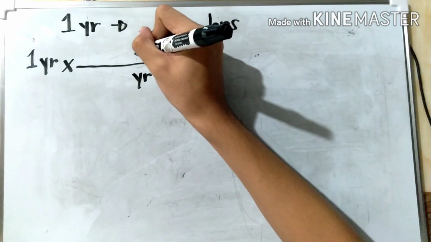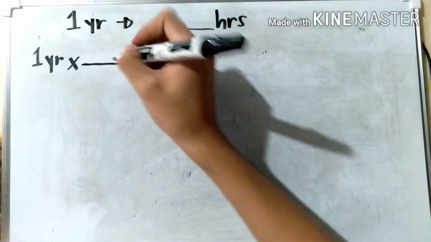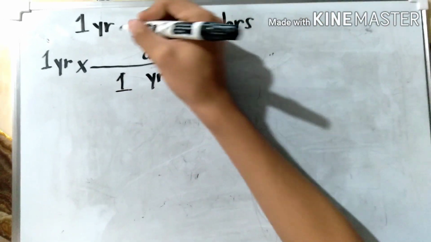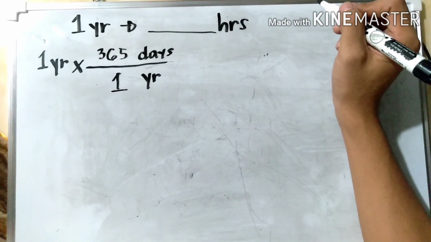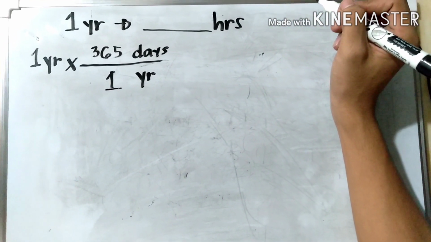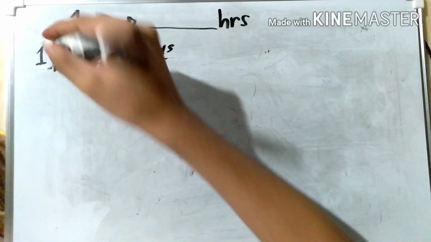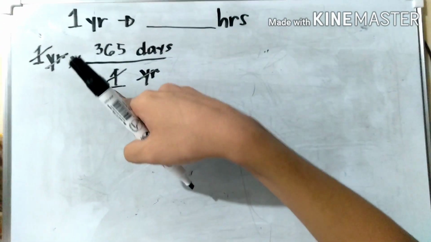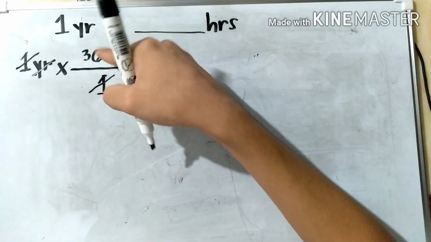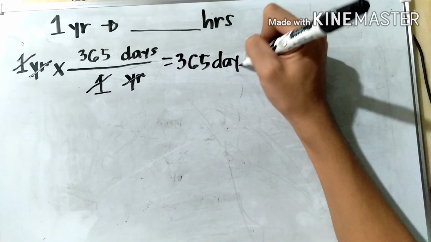And then ipagpalagay natin dito sa ibabaw yung days in a year. So sa isang taon, we know that we have 365 days if we do not have leap year. So you cancel year. Okay? You can also cancel 1 since they are both 1. Isa'y nasa taas, isa'y nasa baba. Then ang matitira na lang is 365 days.